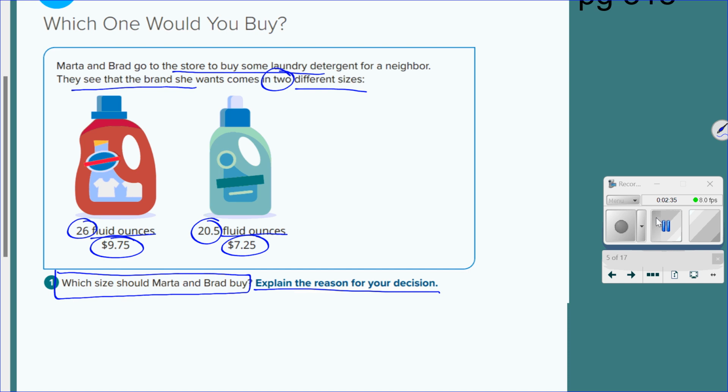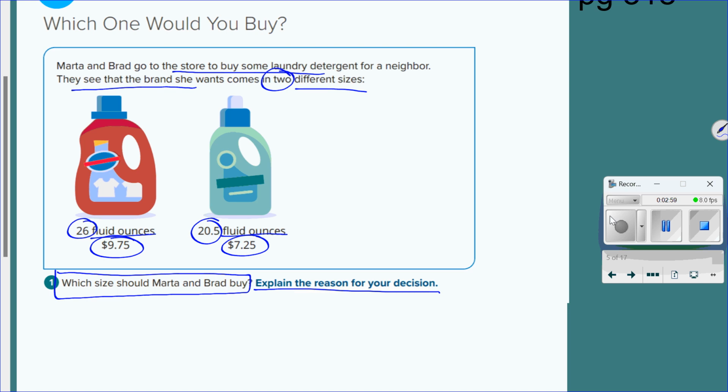All right, guys, if we are comparing them to see which one is a better buy, we are looking for the one that is cheaper. So we need to find how much it costs per ounce. What does per ounce mean? Every one.